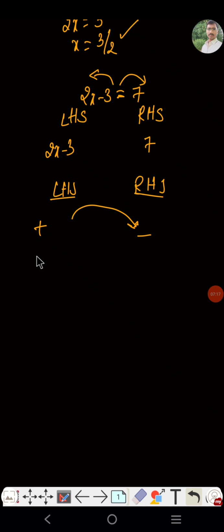That means the quantity changes its sign. Plus becomes minus: plus 3 becomes minus 3, plus 7 becomes minus 7, and minus 5 becomes plus 5. If a negative quantity is in the LHS and we send it to the RHS, it becomes a plus quantity.